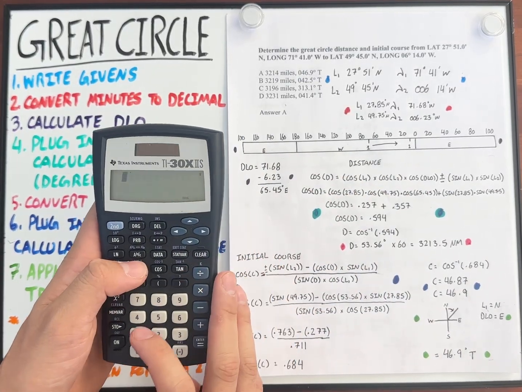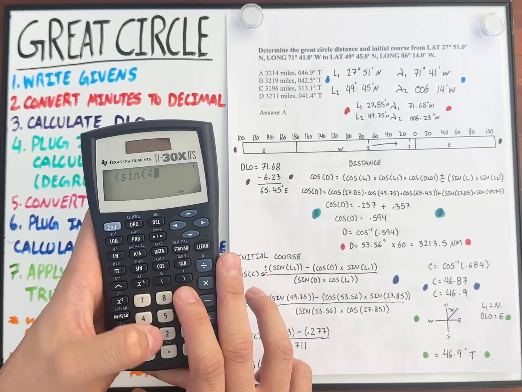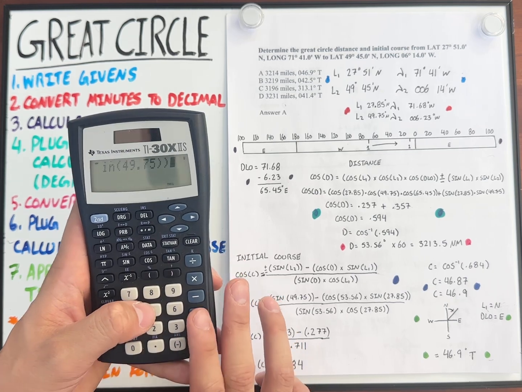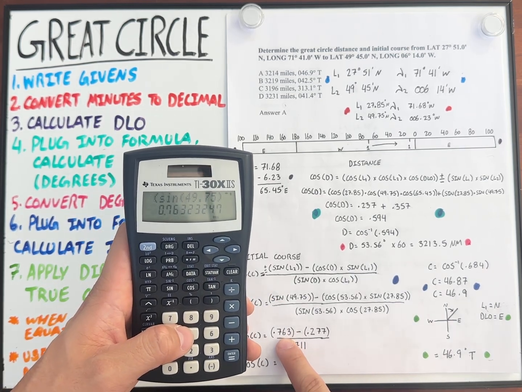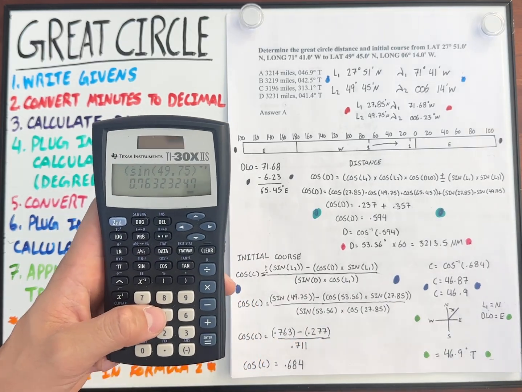I like to do, in this problem, each one individually. Sine of lat 2, 49.75, and then I write it below, 0.763. So I'm not trying to overcomplicate the math.